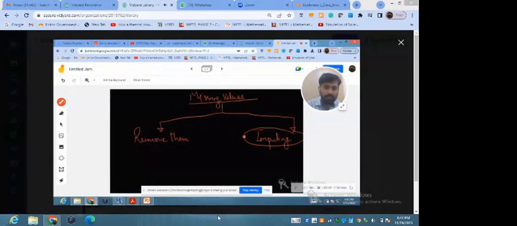Say if you impute, there are two types of imputation. One is called multivariate, another is called univariate. Even inside the univariate, we have numerical data, and second we have categorical data.